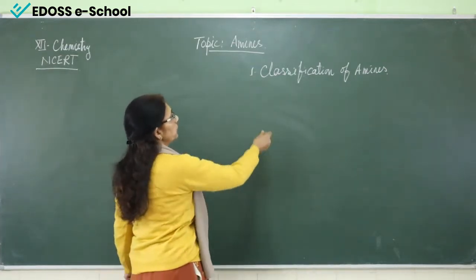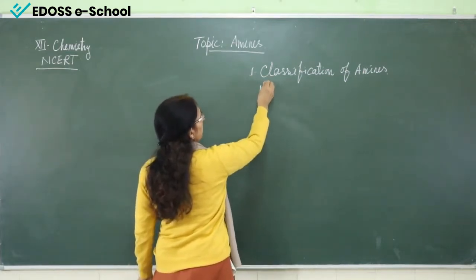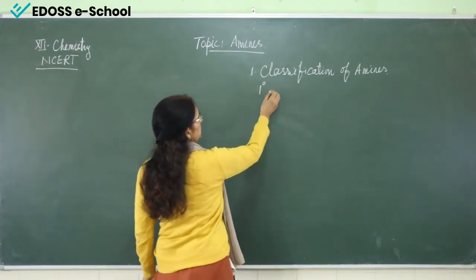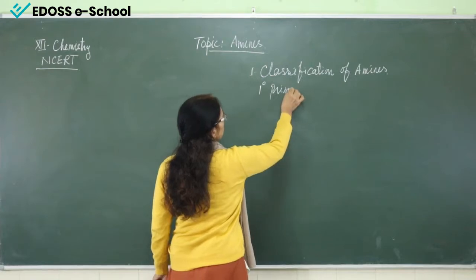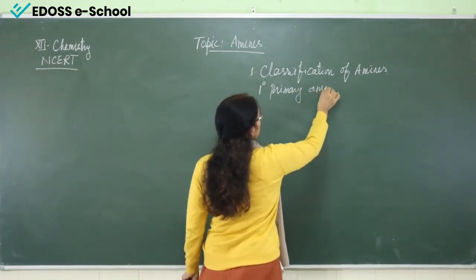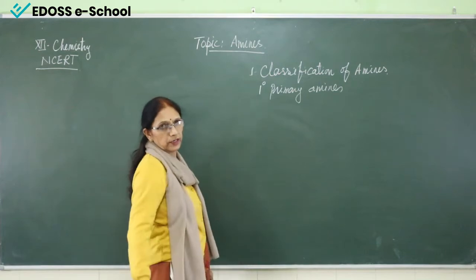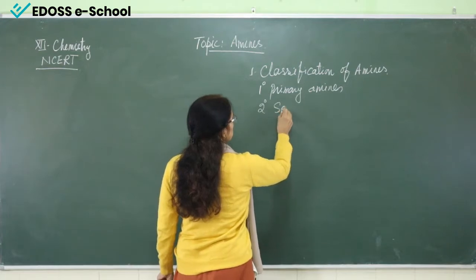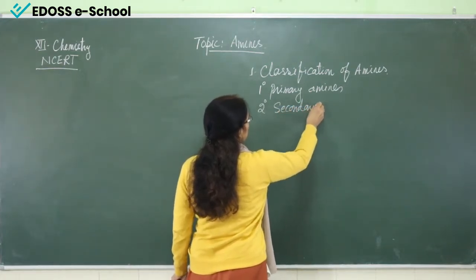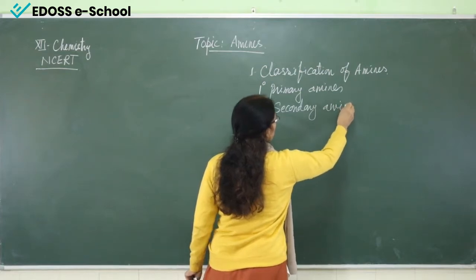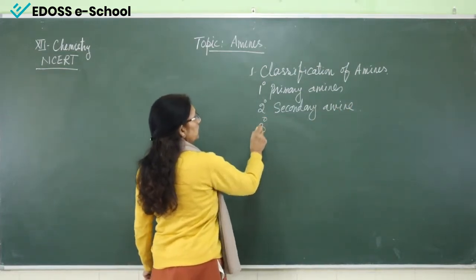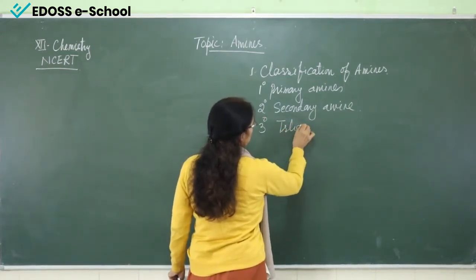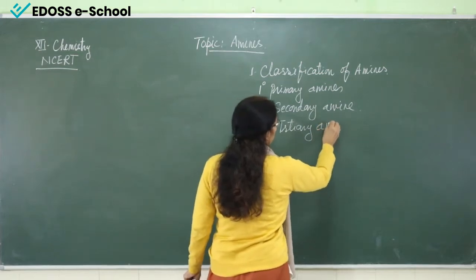We know that amines are of three types. Primary amine can be shown by 1 degree. If we use the 2 degree symbol, then this is secondary amine, and if we use 3 degree, then this is tertiary amine.